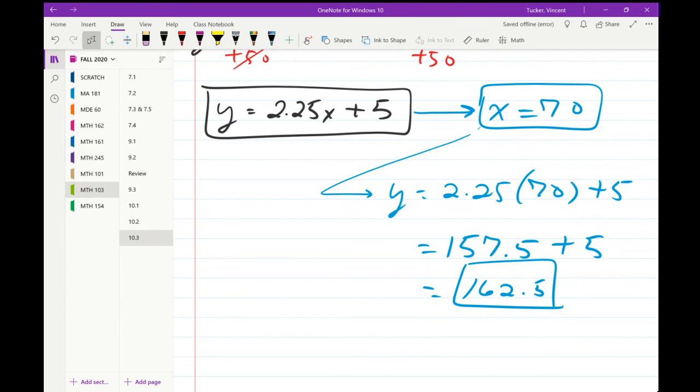Let's look. I think the next section is 11.1.